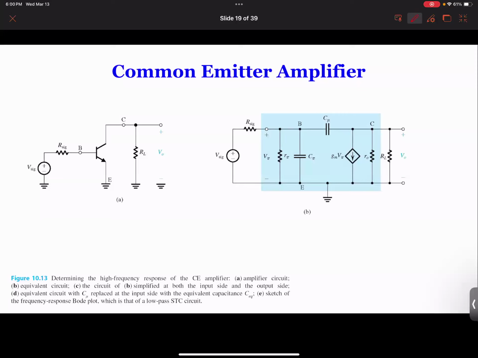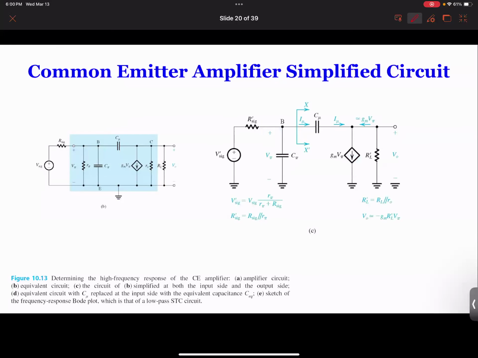I'm not going to repeat it here. The end result is that this is combined RL and RO, over here we have C pi, and we also combine these two.